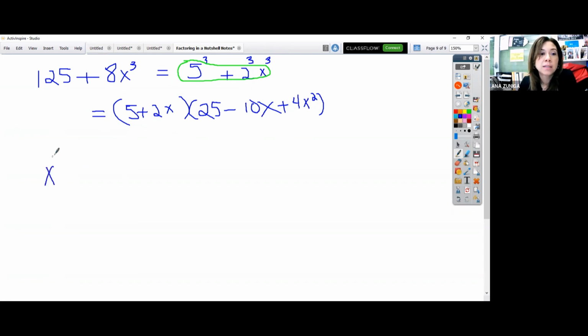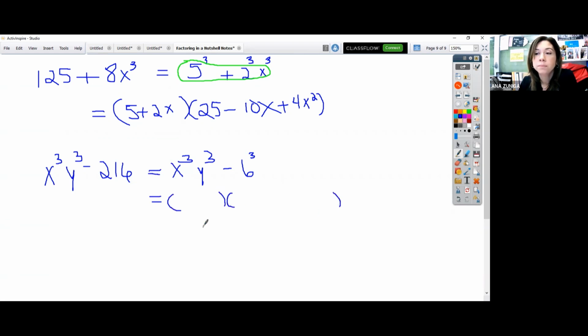Let's do x cubed y cubed minus 216. Okay, so I'm going to rewrite this: x cubed y cubed minus 6 to the 3rd power. I am going to open my parentheses, small one, longer one. Ignore the cubes, write down what you see: xy minus 6.